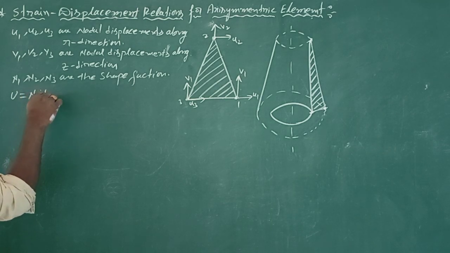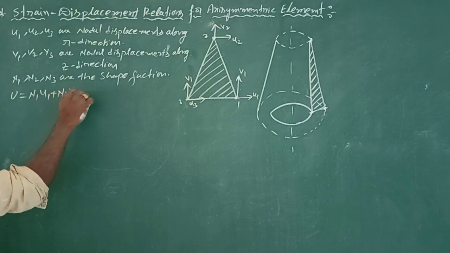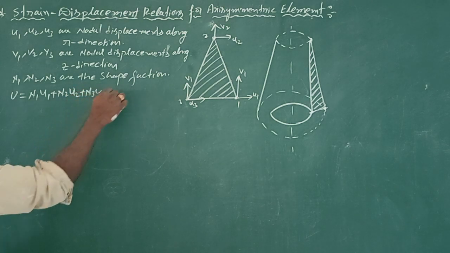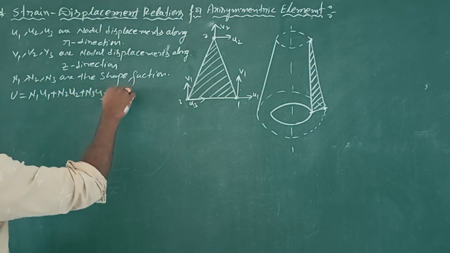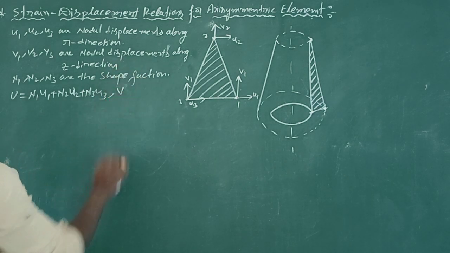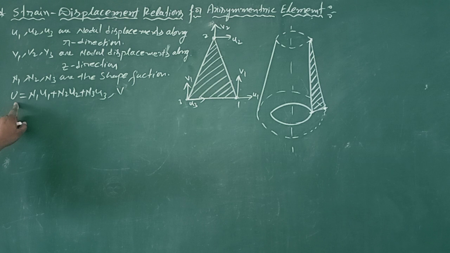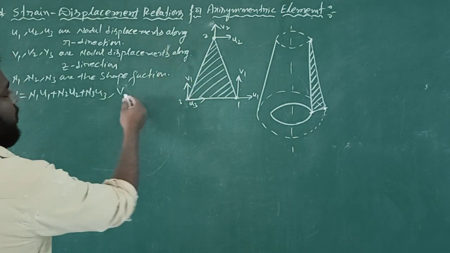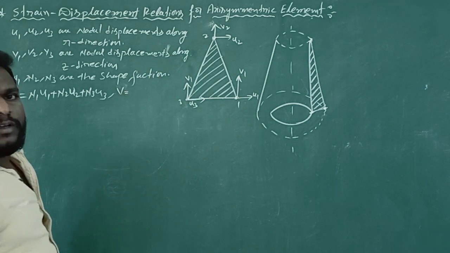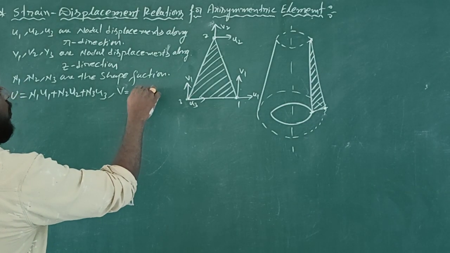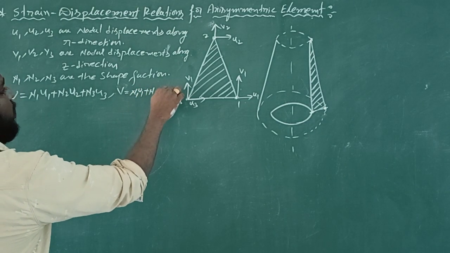The overall displacement for that element in the direction of R is u equals N1 U1 plus N2 U2 plus N3 U3, and the overall displacement along the z direction in terms of shape functions is v equals N1 V1 plus N2 V2 plus N3 V3.